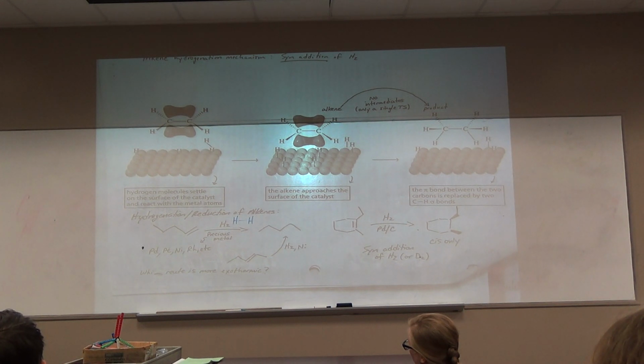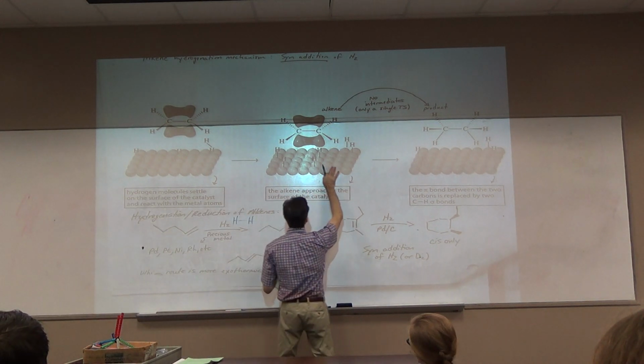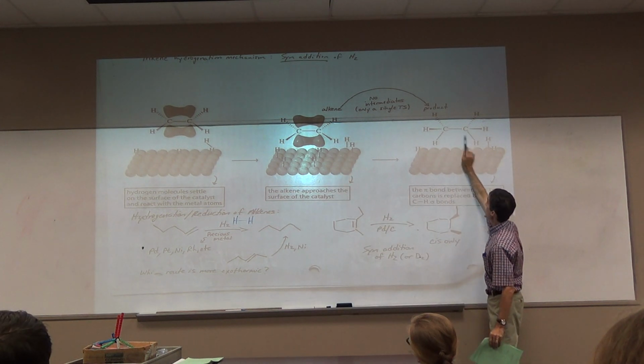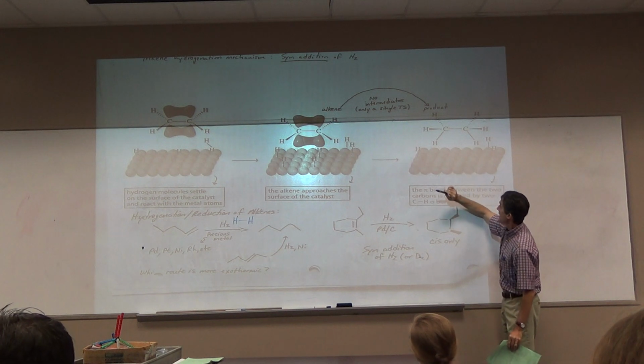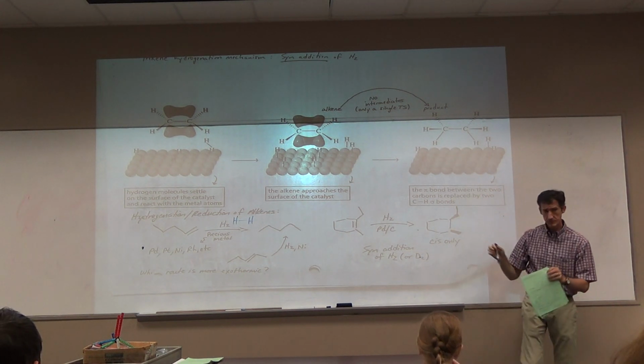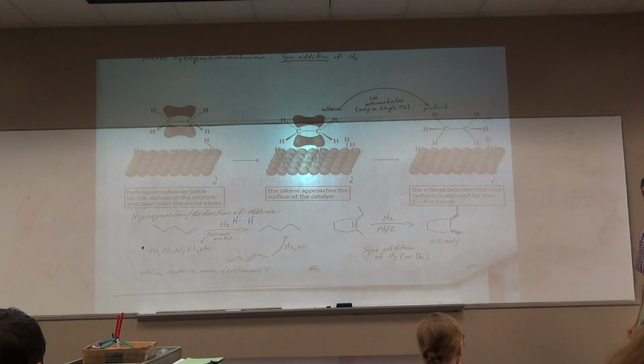There's your scientific mechanism, okay? Two H's shooting in there. And the two H's are now added, one to each carbon. Importantly, because the H's came from the metal surface, the two H's are shot in from the same side. So it's a syn addition. Cis-syn addition.